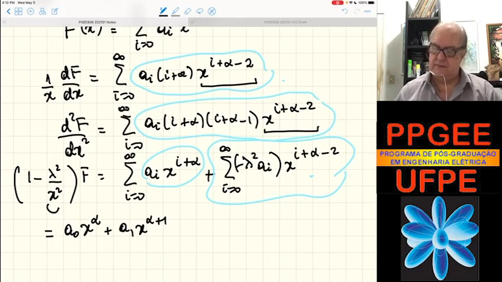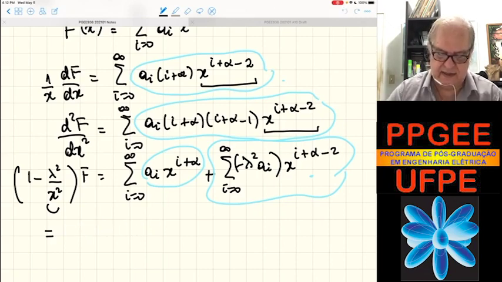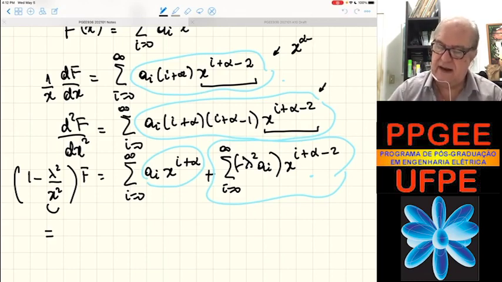I'm sorry, it's not like that. You have to look at these ones. The first two terms here go as x to alpha minus 1.